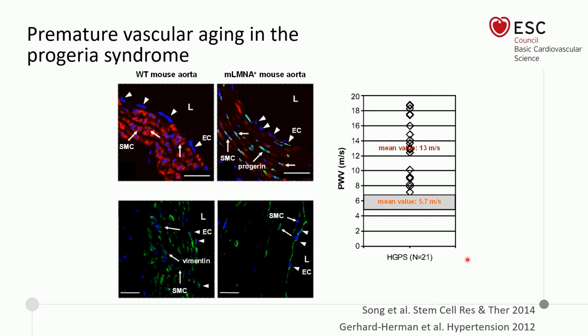In these children, we can observe that pulse wave velocity, the level of arterial stiffness, is very high, 30 meters per second, which is much higher than what is normally observed in children of a similar age. This is a large increase.